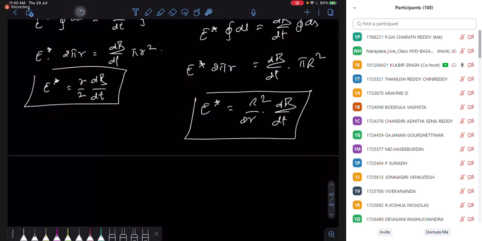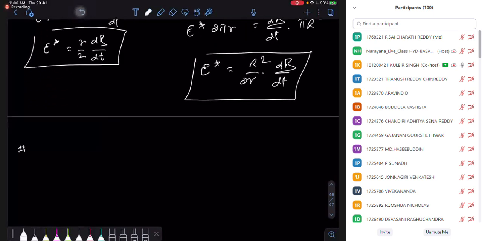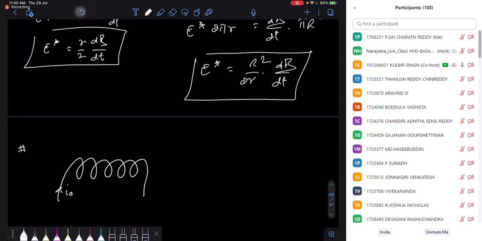Now, one simple question you can answer. Suppose we have a solenoid. Inside the solenoid, a current I naught flows, and the number of turns is N. Inside the solenoid, a charged ring is placed.